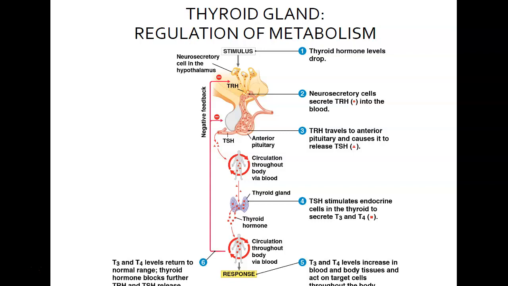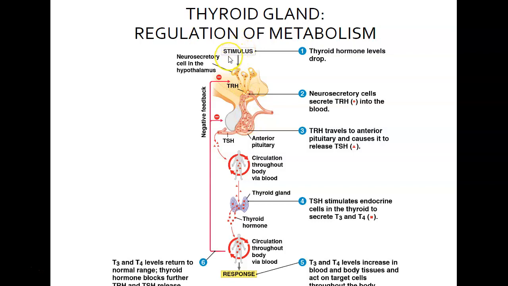So the neurosecretory signals, again, this is a neurosecretion because the neural signaling is telling you that it's lowered. So it's going to secrete TRH into the blood. And that particular hormone is going to travel to the anterior pituitary and cause the release of TSH.